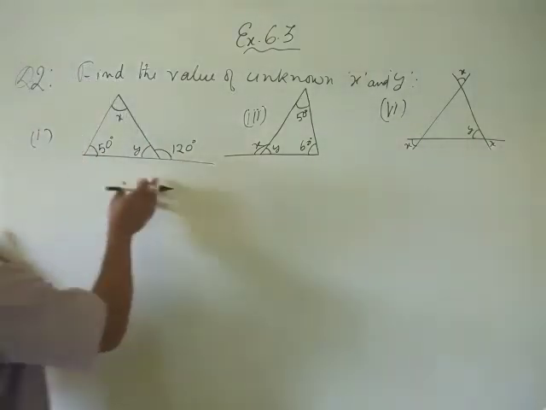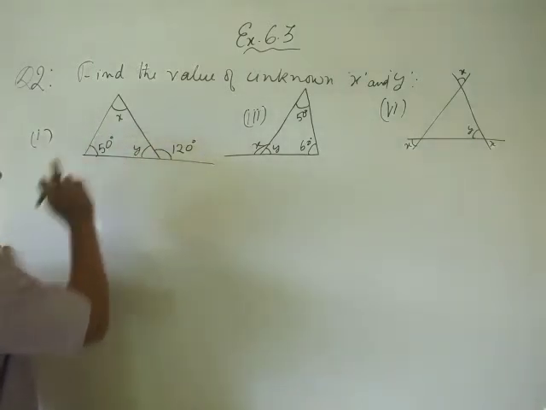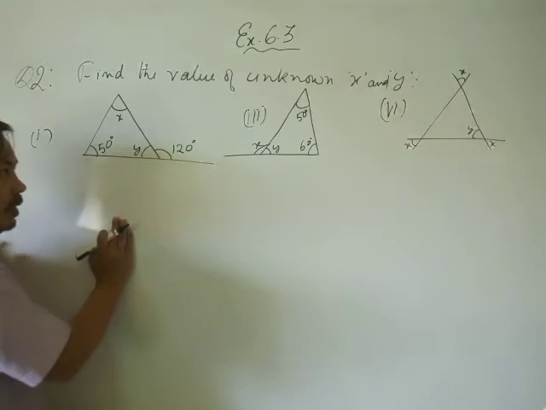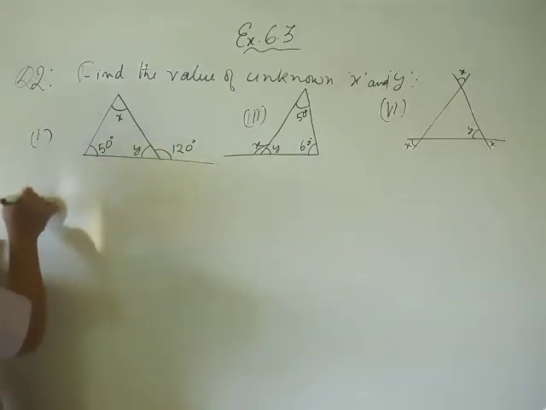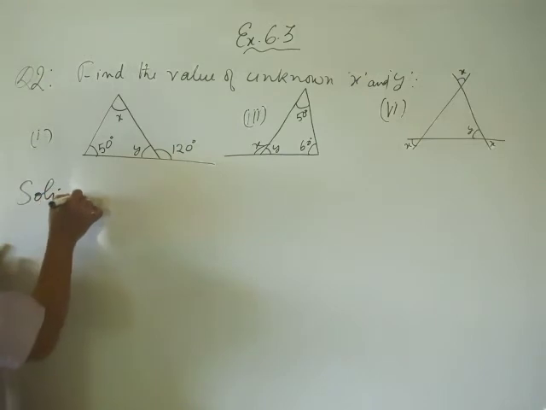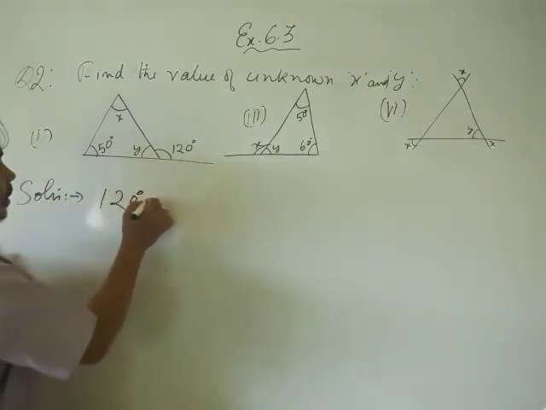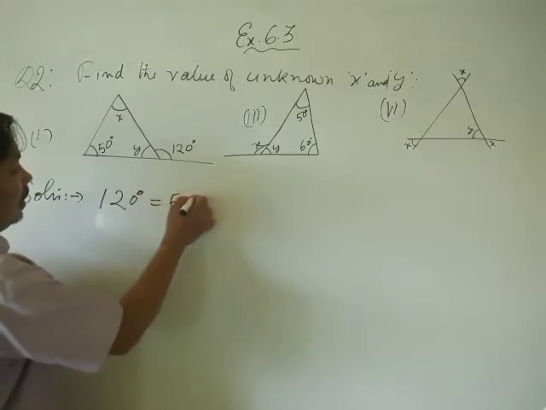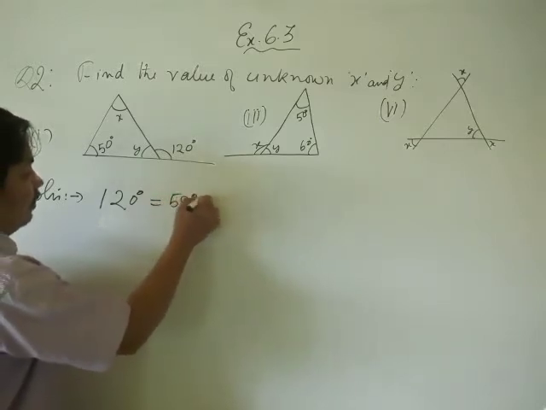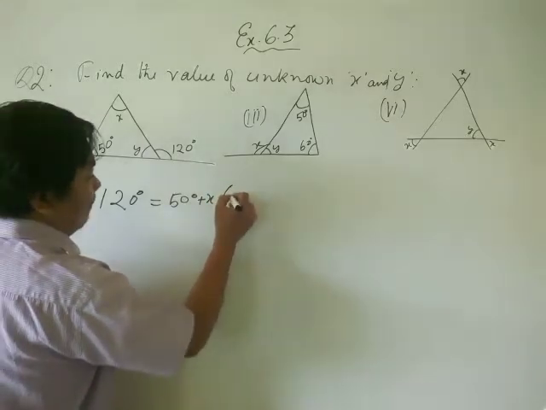First of all, we can find out the x here. Why? Because by the exterior angle property, we got the solution here. That is 120 is equal to 50 degrees plus x. Who is saying that?